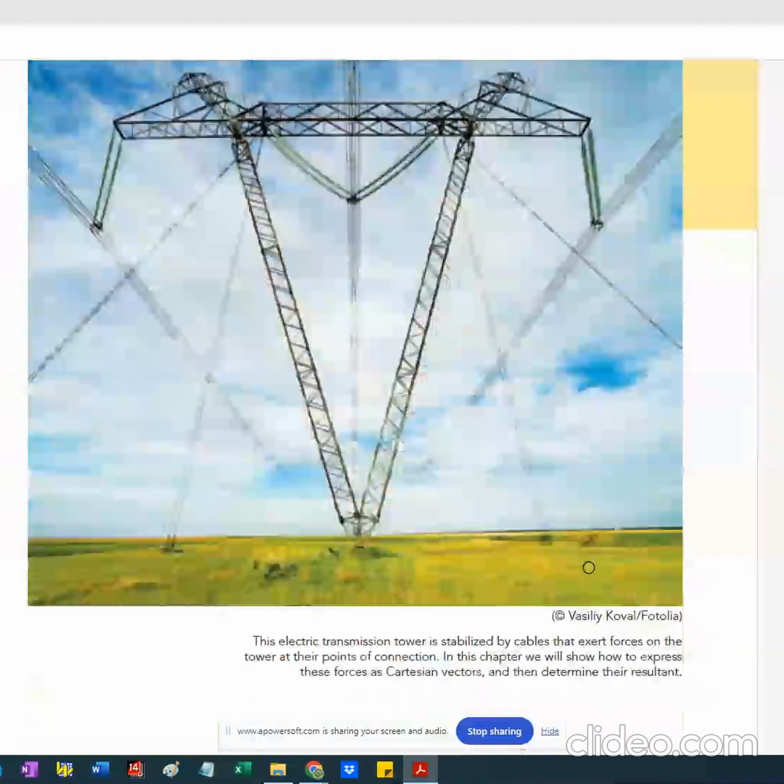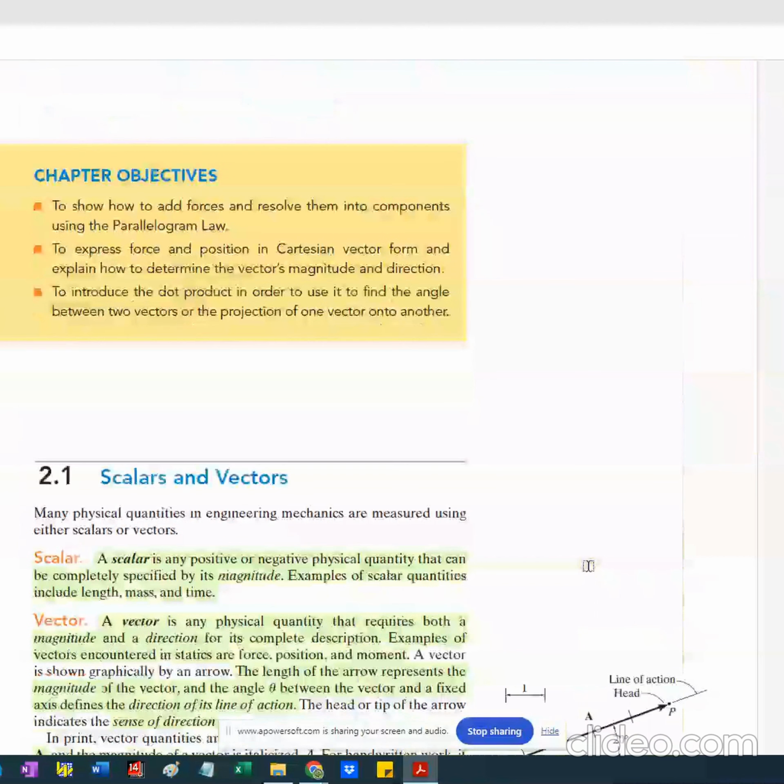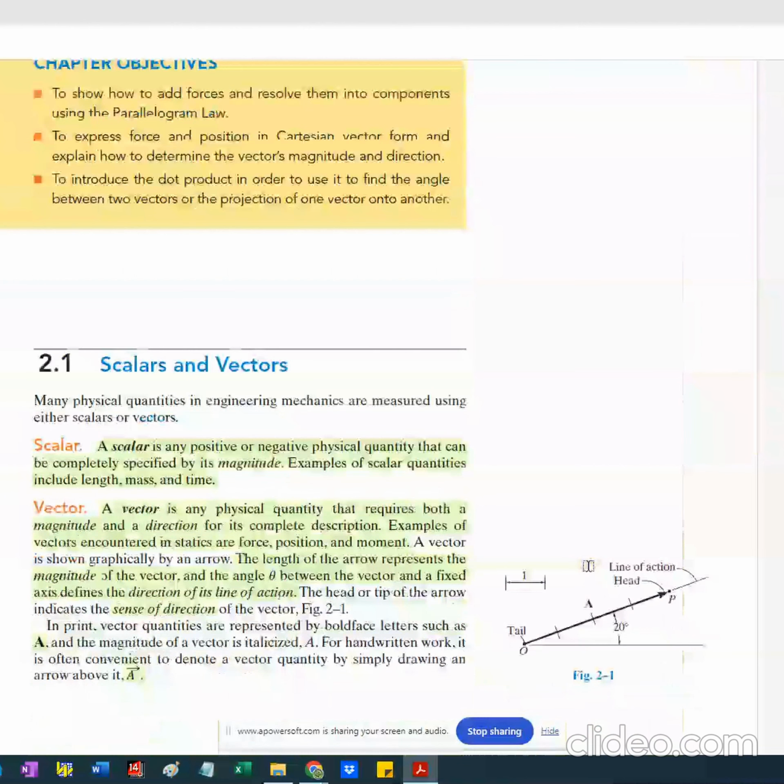Moving to the next section, chapter 2, that is on scalars and vectors. And I'm sure you've seen this before. So being able to operate or solve problems, applying concepts from statics, dynamics, solid mechanics, and fluid mechanics, being able to work with scalar units and vector units is, again, very important.